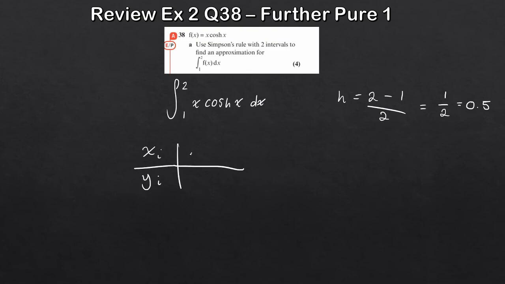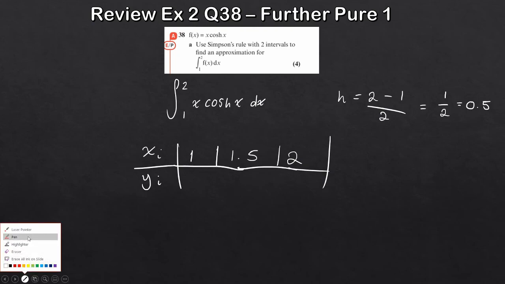So we start at the lower limit, so 1. We're going up in terms of a half, so my next one will be 1.5. Final one will be 2. Plug in your x values into your formula here, so 1 times cosh of 1, and then do the same for 1.5 and 2.